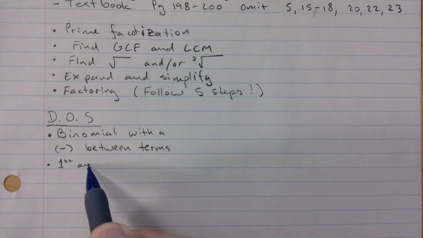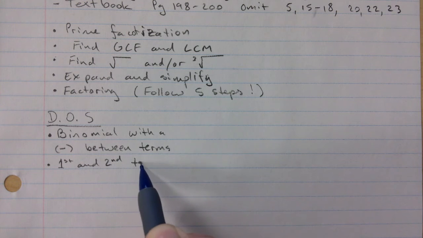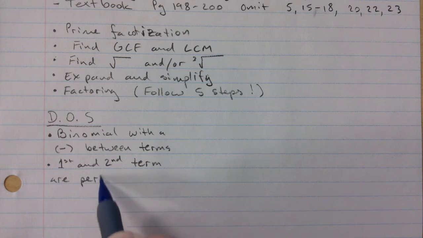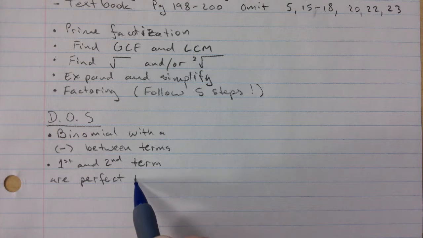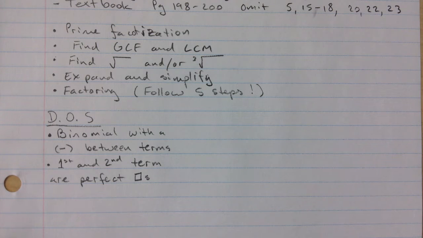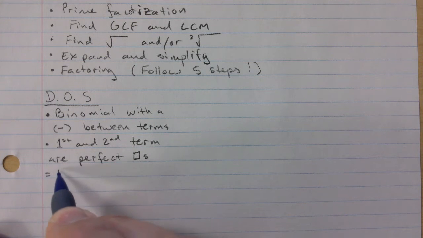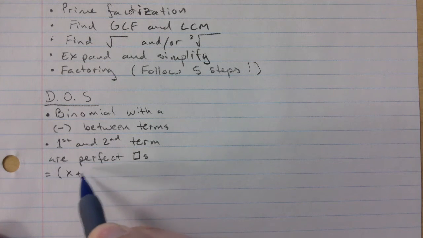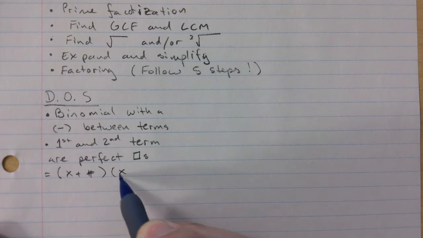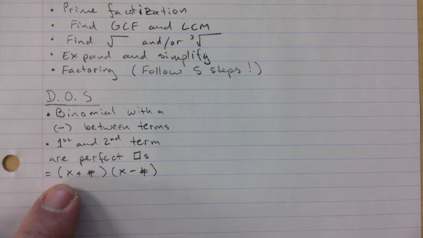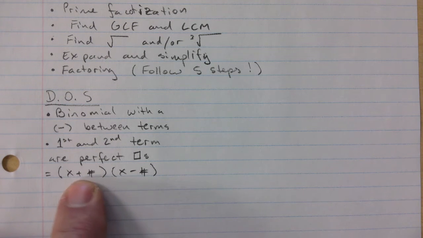First and second term are perfect squares, right? If you were to take the square root of them, you get a whole number. That's the variable and the number itself, right? And so what you get is, right, x plus a number, x minus a number, right? And these are both the square root of the first and the last, right?